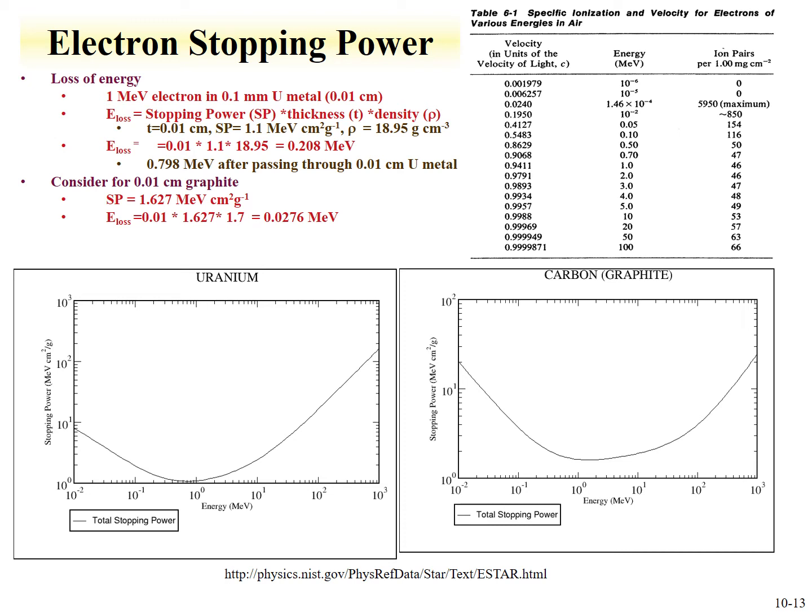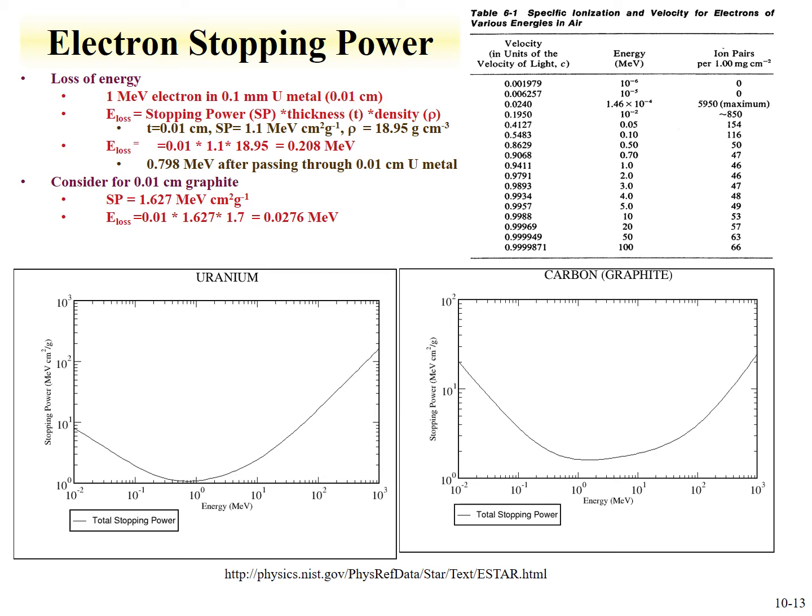Well, we can look up the stopping power and understand the thickness of that material times the density. So we understand what the thickness is, the density: the thickness is 0.01 centimeter. The density is close to 19 grams per centimeter cubed.